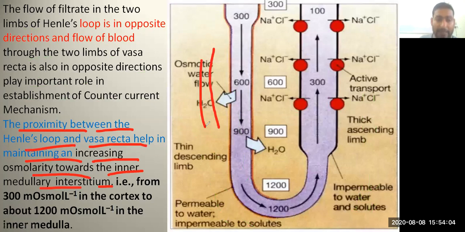That's why they are able to maintain the increasing osmolarity towards the inner medullary interstitial fluid. Suppose in this figure this is the Vasa recta, I'm representing it as VR, and this is the medullary interstitial fluid, and this is the loop of Henle, as you know very well.